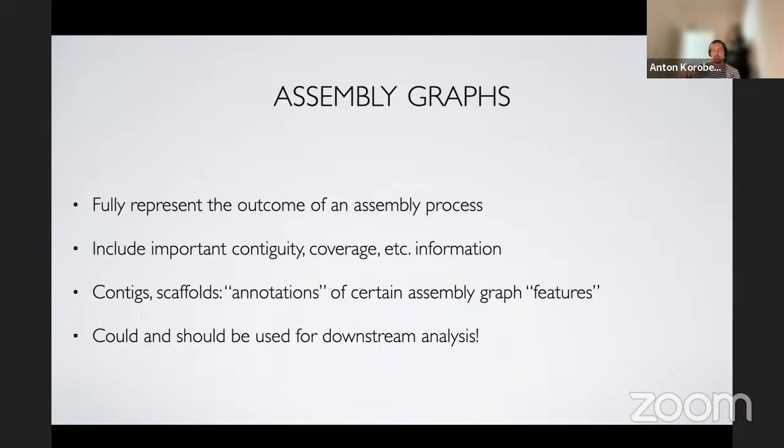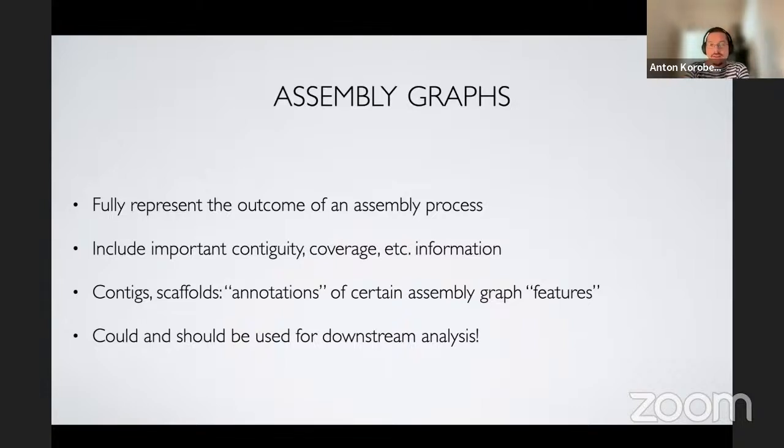And what we routinely use, like contigs and scaffolds, are essentially the annotations of certain assembly graph features. Like the assembler inferred that, okay, these two nodes of the assembly graph would likely follow one after another in the final assembly.